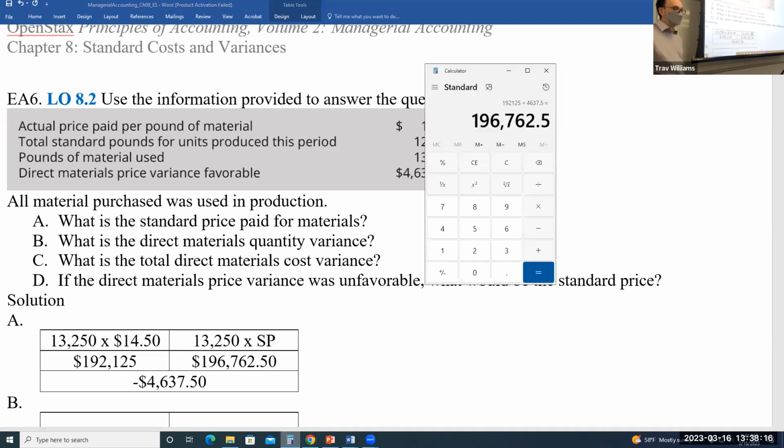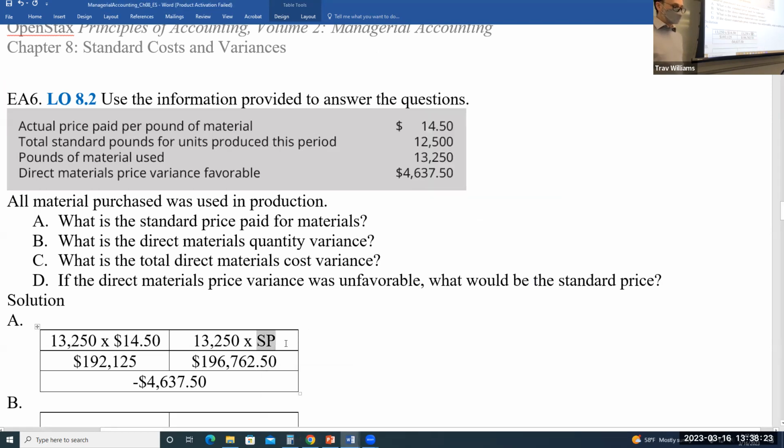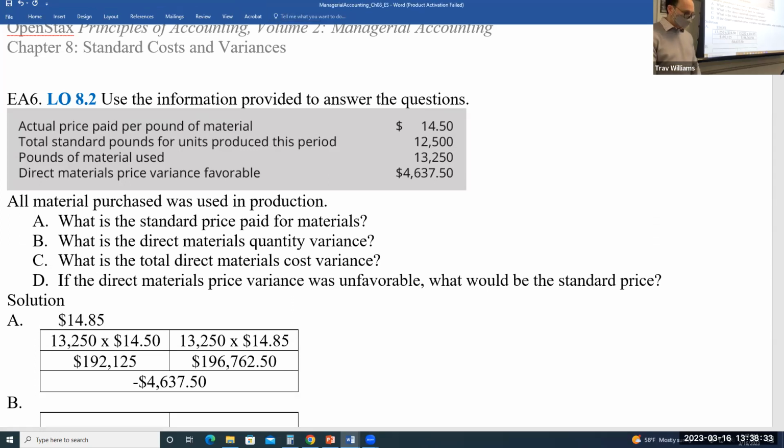Exactly. We divide it by the 13,250 and we get $14.85. Okay, so that is our answer, $14.85 per pound.